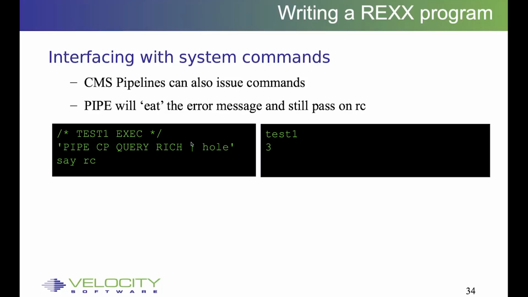And we're going to pipe the output into this HOLE device driver. HOLE is just basically the bit bucket. Anything that's output from the CP command, or whatever stage you're putting here in the pipeline, will just go away. It doesn't do anything with it. And then we just display the return code, and we get 3, just like we thought we would.